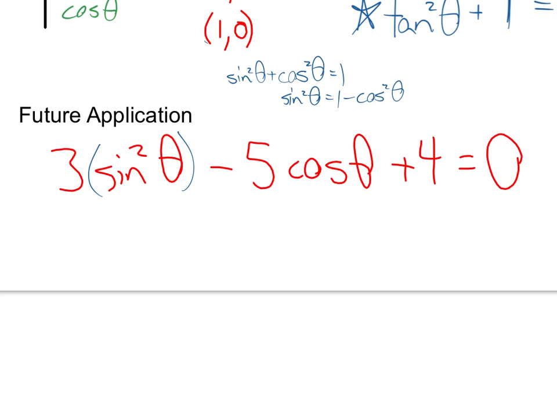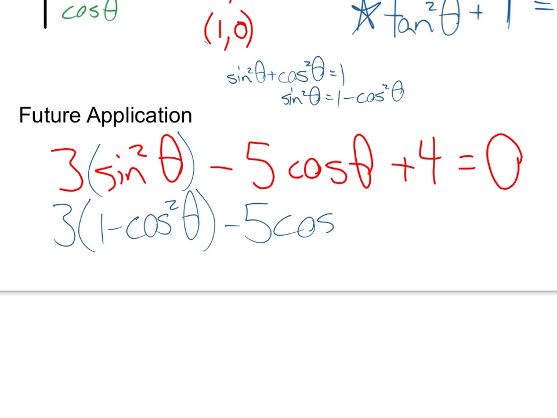So if I plug that in here, 3 times 1 minus cosine squared theta, now I have an equation that only has cosines in it, and I can use the quadratic formula to figure out what cosine of theta would equal. And then I'd have to use the inverse cosine to figure out what theta actually equaled.